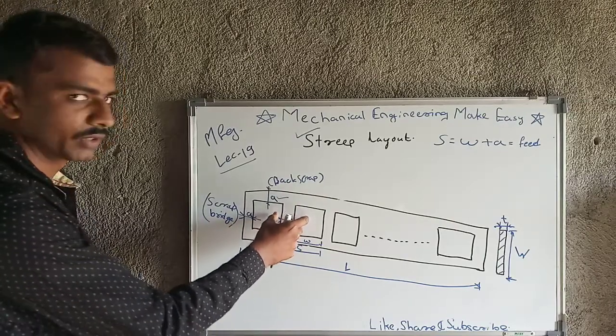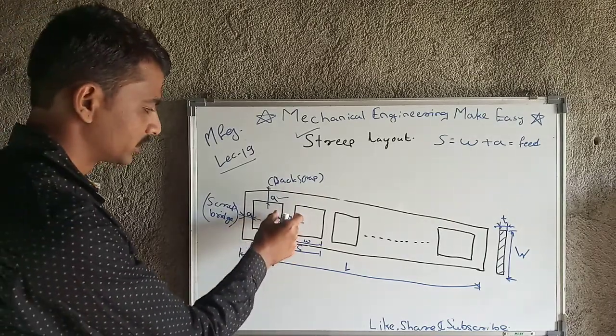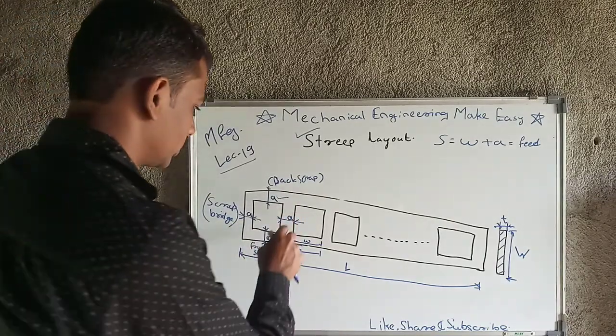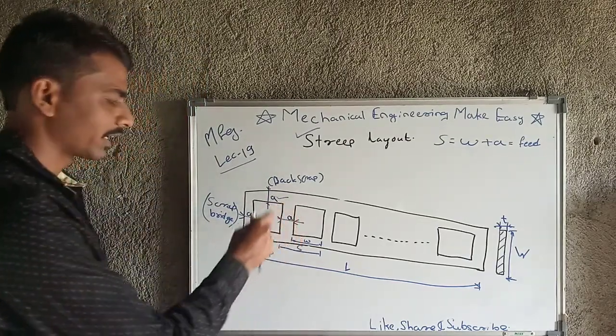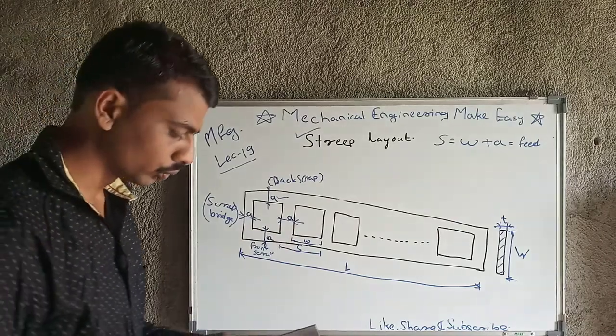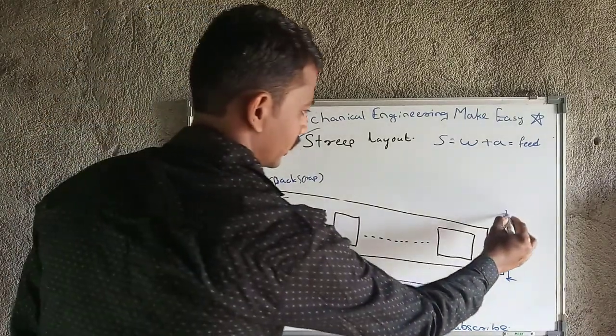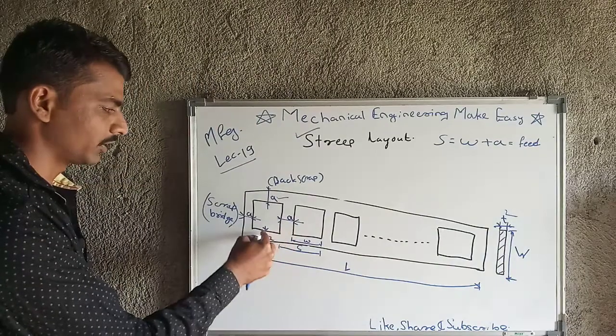Again, in between two products we also have to set some margin. All these values are denoted by a, and the a value will vary according to our thickness. As thickness varies, the a value will vary.